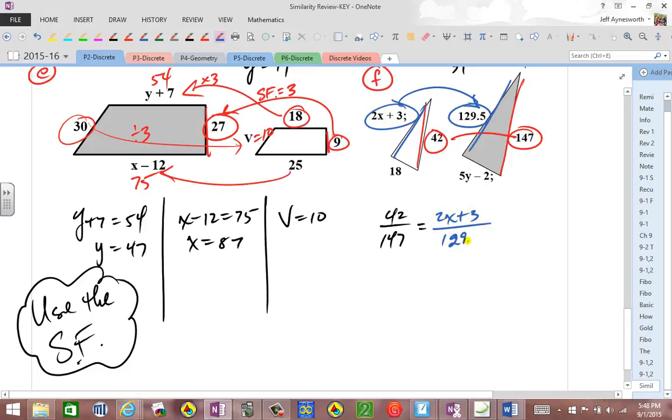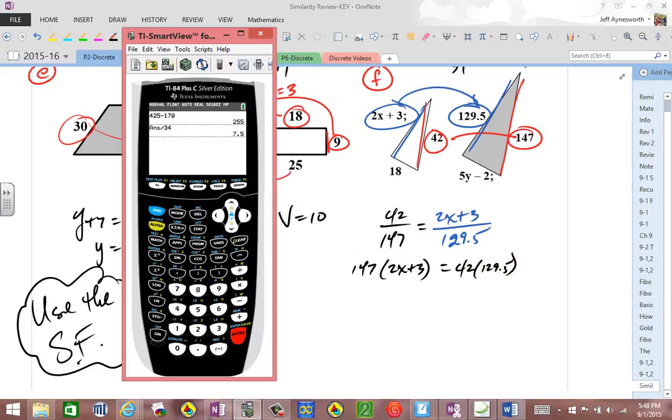So you want to cross multiply and see what happens. So you get 147 times 2x plus 3 is equal to 42 times 129.5, whatever that is. So let's figure that out. So 42 times 129.5, and I get 5,439.